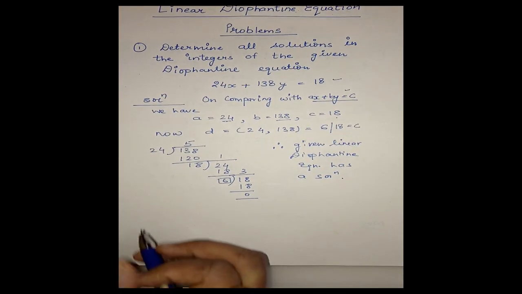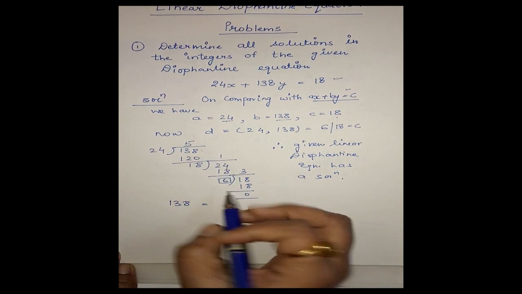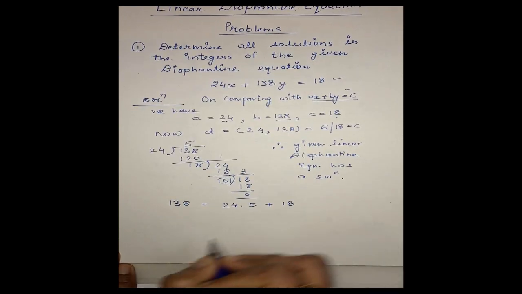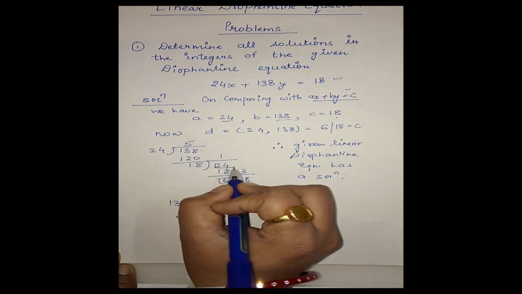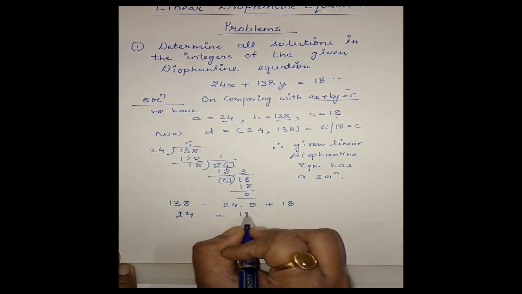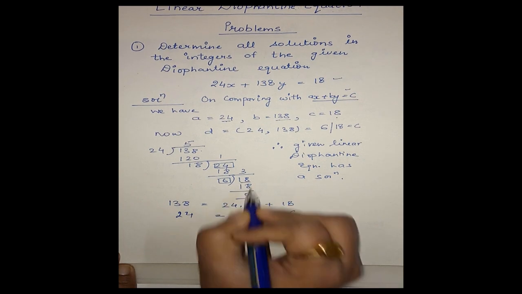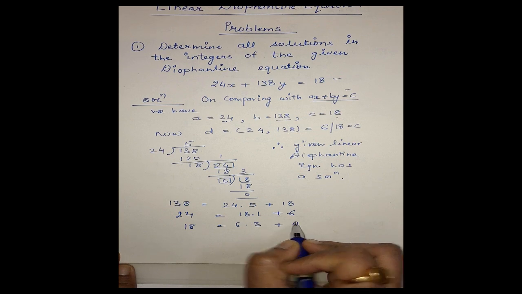Now, 138 I can write as 24 into 5 plus 18. Again, 24 is written as 18 into 1 plus 6. And 18 is written as 6 into 3 plus 0.